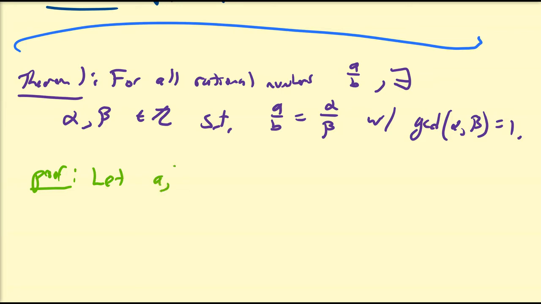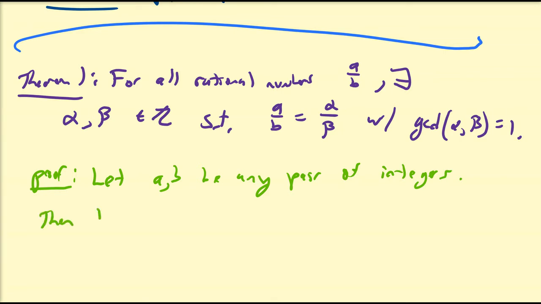So we're going to let A and B be any pair of, and without loss of generality, you can choose positive integers, but that's not necessarily needed in this case. But let's assume they are.